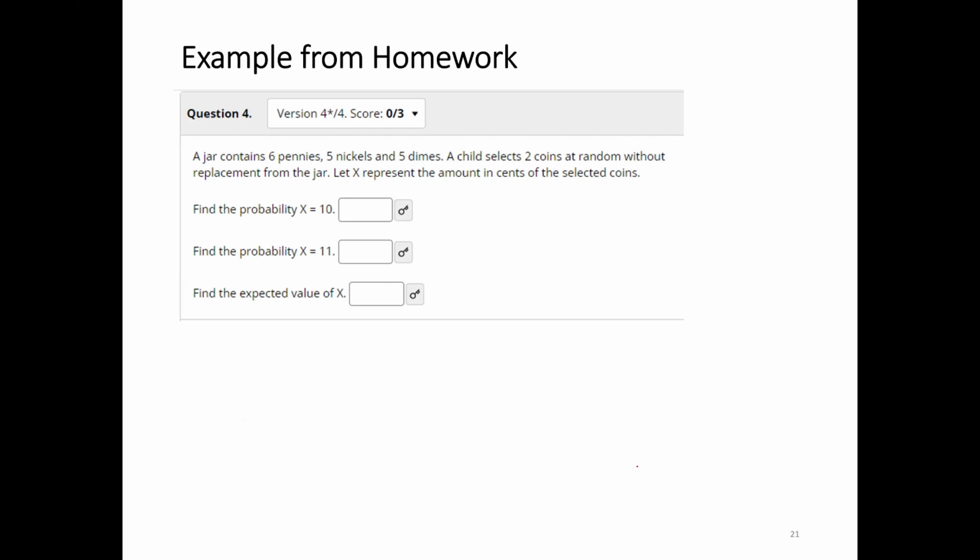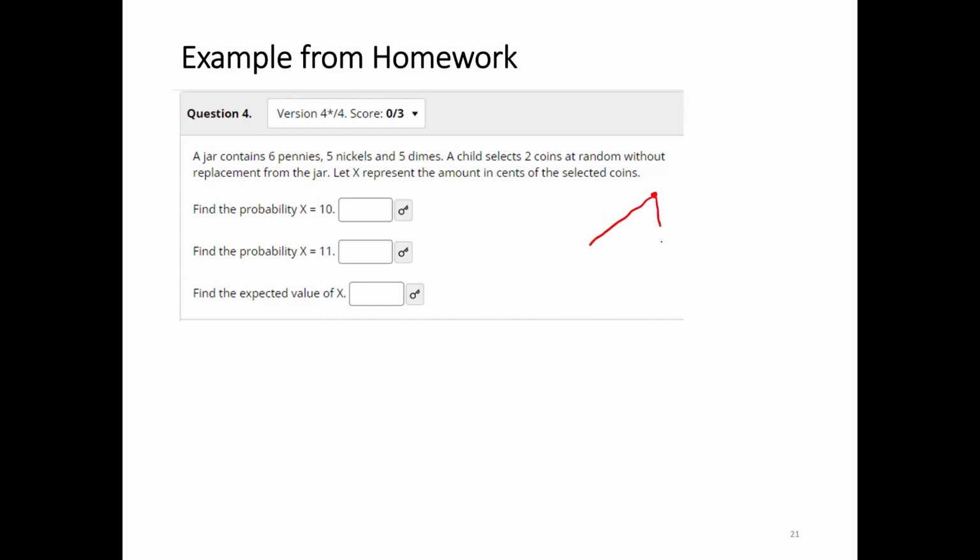So if I have to find the expected value, I have to find out all the different values this kid can get. So if I have a nickel, a dime, and a penny in a jar, what are all the different values of those 2 coins this experiment can result in? So being me, I created a tree diagram.